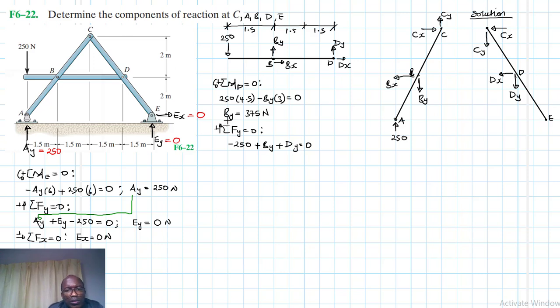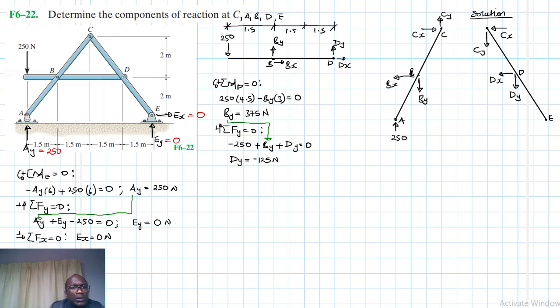We've already found what BY is. If we replace it there, we have minus 250 and then plus 375. We have DY equal to minus 125 newtons.